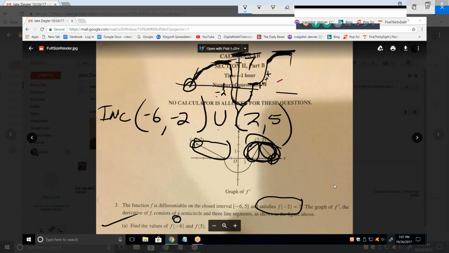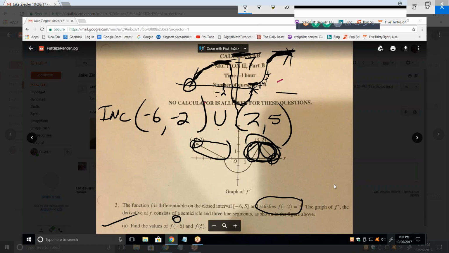So wherever the first derivative is positive, the original function is increasing. And that's why when we go up to the original function, I've got it increasing from there to there, because it has to be. There is no part between 2 and 5 where it can be decreasing. The only thing that's changing is the slopes.